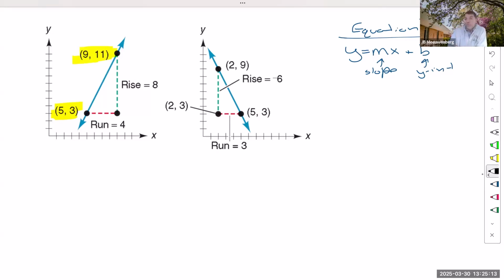We can use the slope formula if we want to, but we did have a graph, so that's nice. So we can see from this graph that the rise is 8 when the run is 4. So our slope is 8/4, and that does reduce to 2. That tells us our slope is equal to 2.